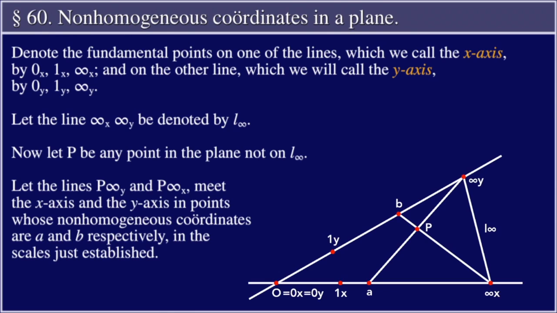Let the lines P infinity y and P infinity x meet the x-axis and the y-axis in points whose non-homogeneous coordinates are A and B respectively in the scales just established.